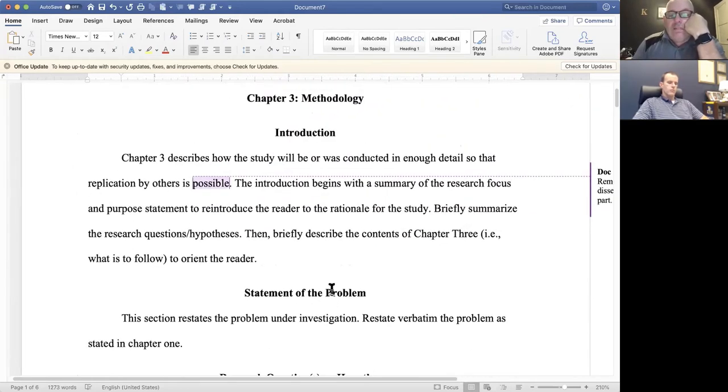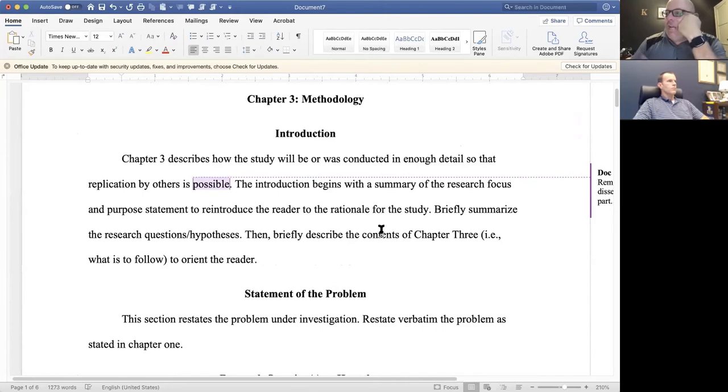Okay. All right. So the introduction has those parts, and a lot of this comes from your chapter 1. You've already done this work. You go back to your rationale and come up with one sentence. You go back to your problem statement and give a one-sentence problem statement. It's kind of like you're basically slapping them in the face saying, hey, guys, come back.